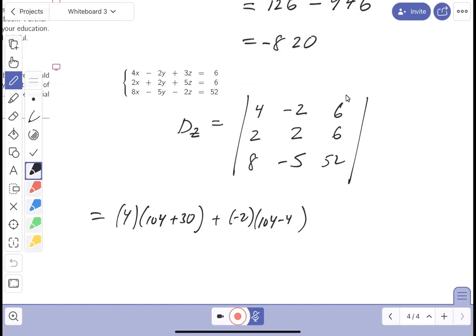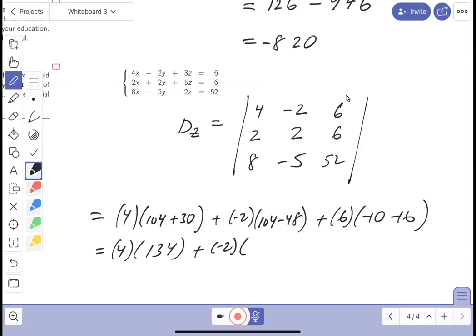Minus 48. And again, we'll do that later. Plus 6. And what do you get there? Minus 10, minus 16. I got some arithmetic to do. You get 4 times 134. And you get plus minus 2 times 104 minus 48.